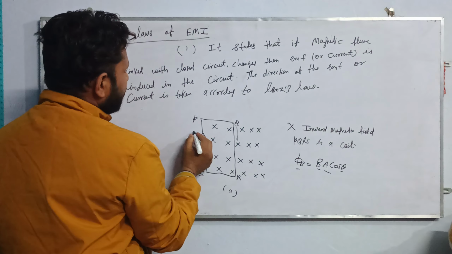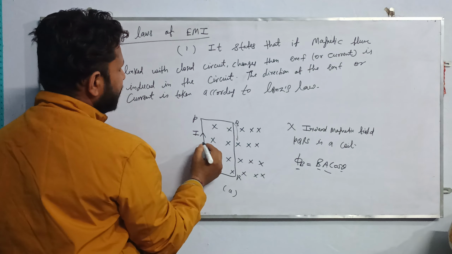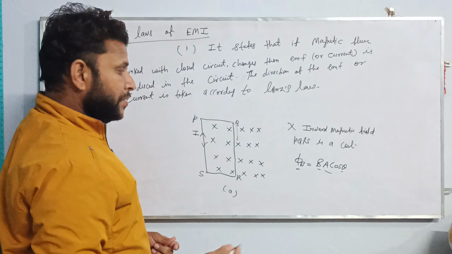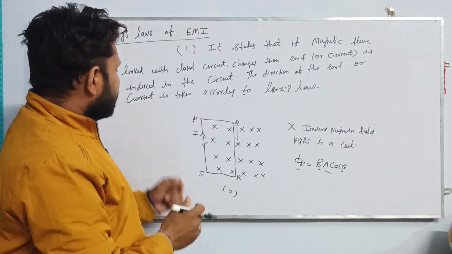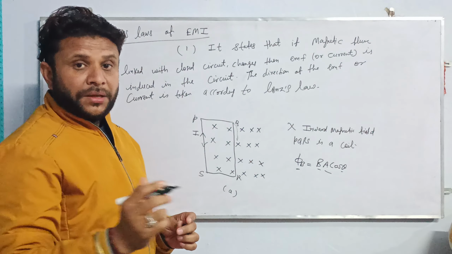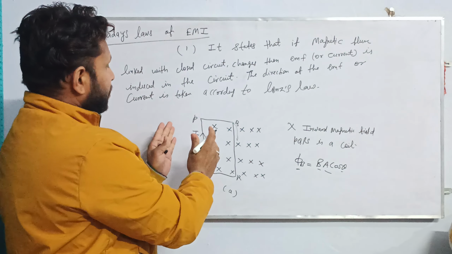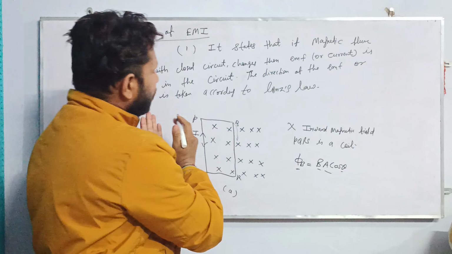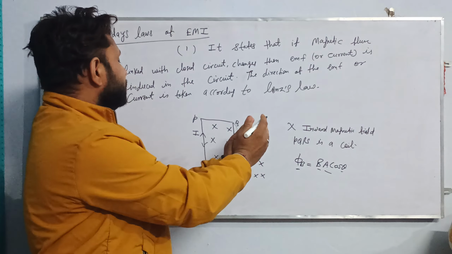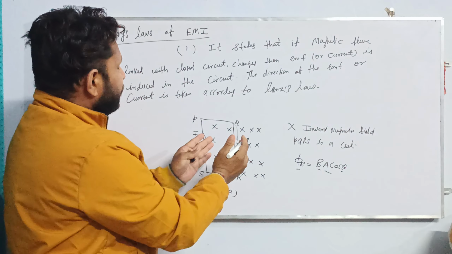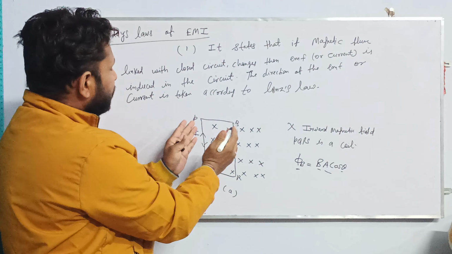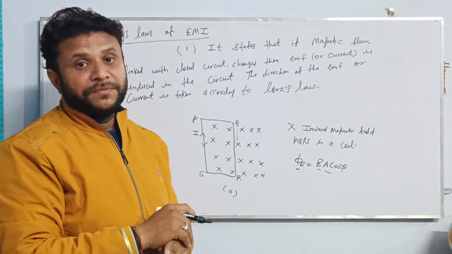In this circuit, the current may be in this direction or this direction. Two possibilities occur. But if we draw the PQRS coil towards the right side, then the direction will be one way, and if we draw the PQRS coil towards the left side, then the direction will be different.